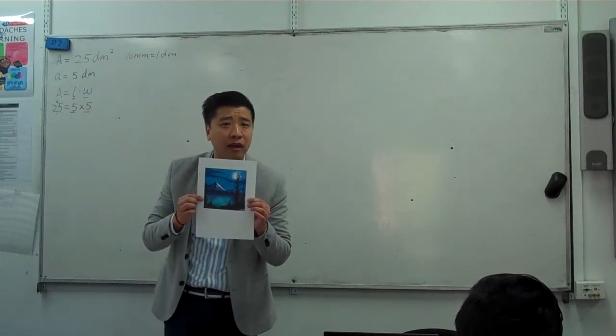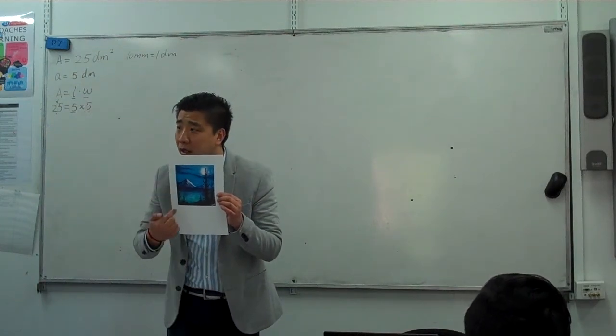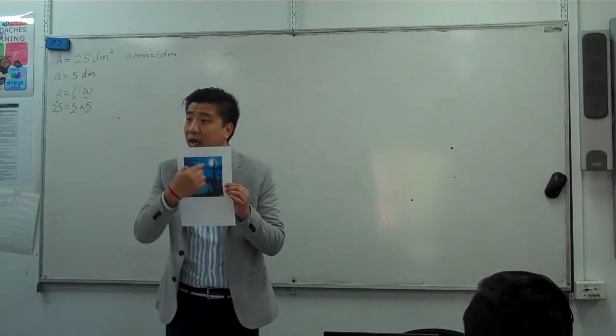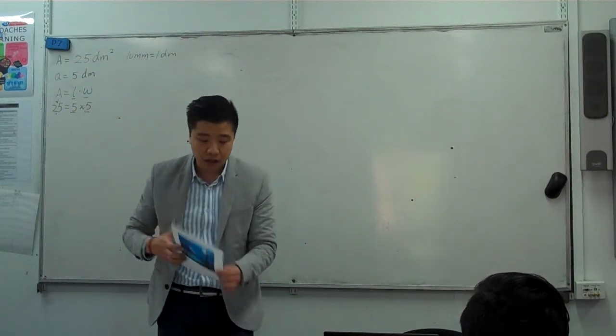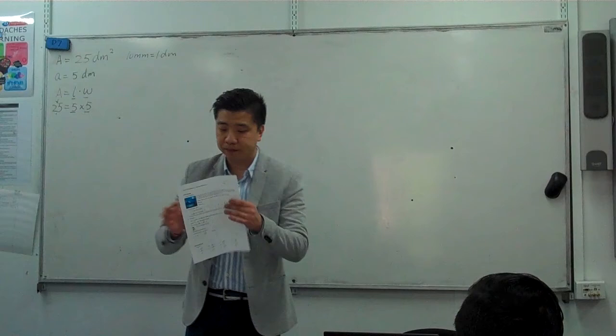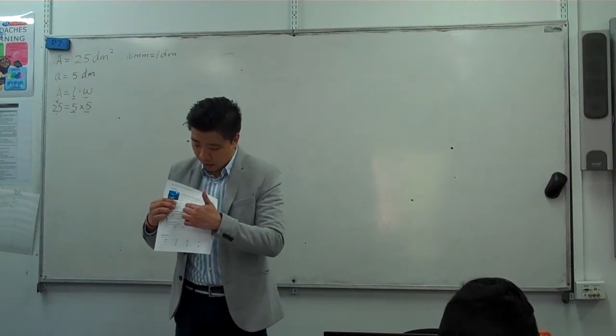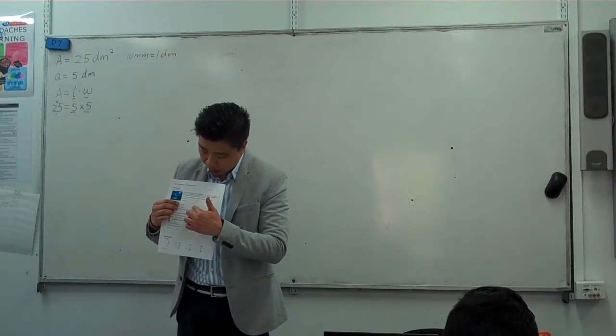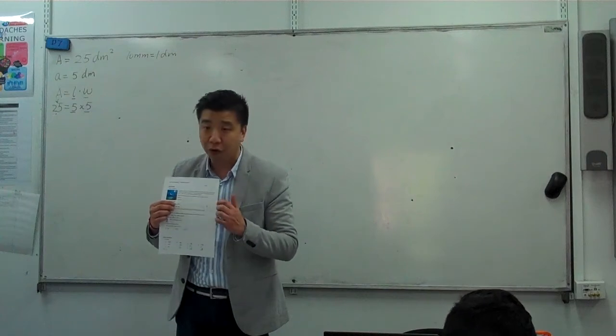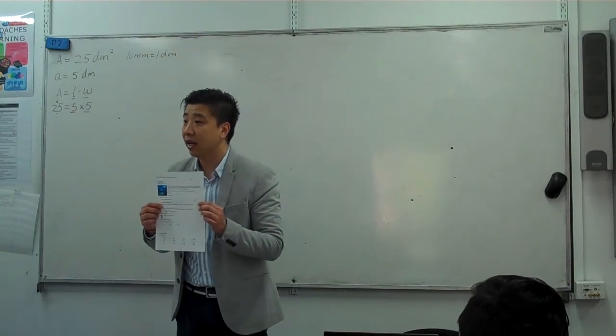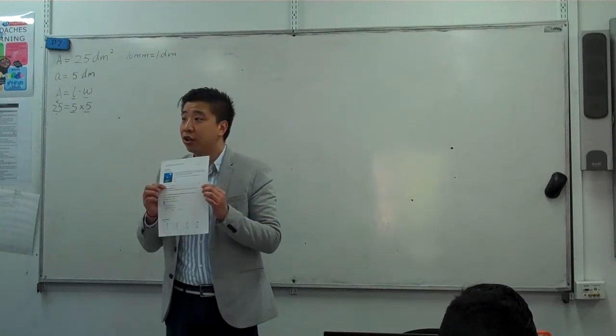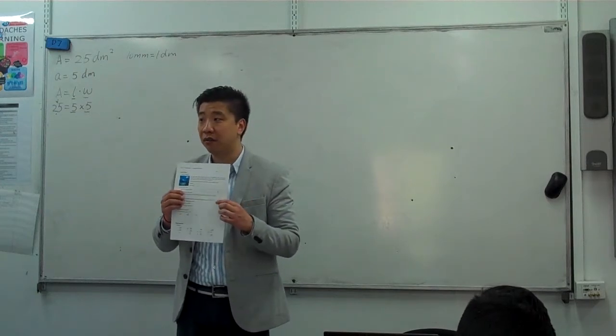Why? Because 1 times 1 is 1. Good. Now, have a look here. You are given 1, 9, 16, 36, and 4 over 25 as the area. Could you please find the length of the side?